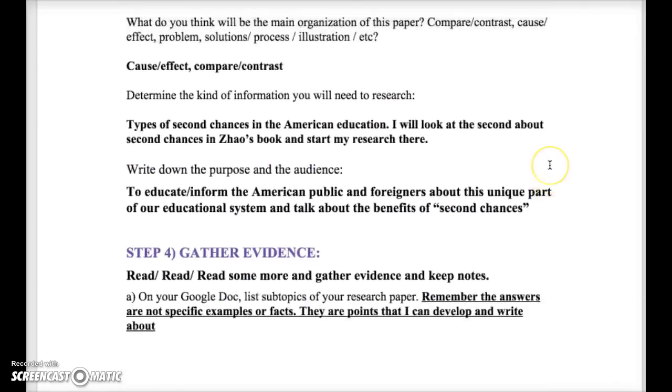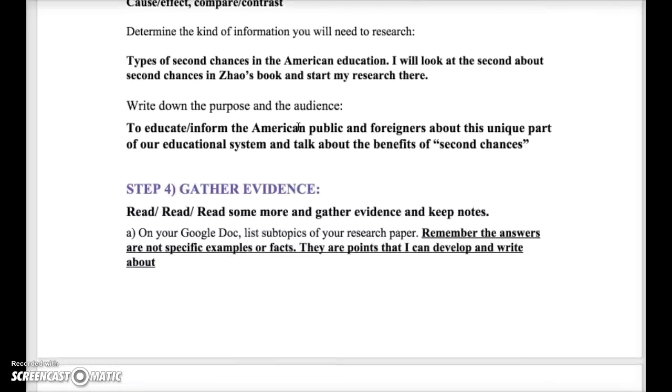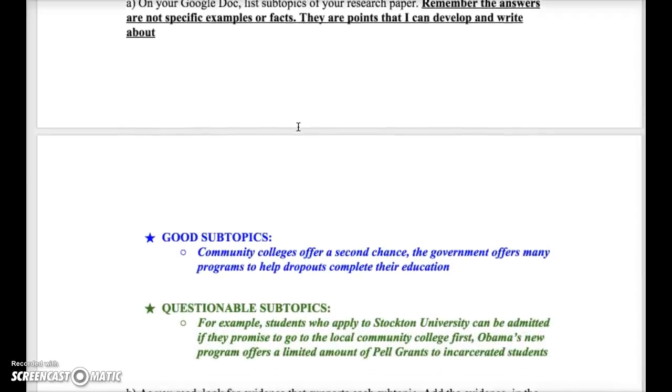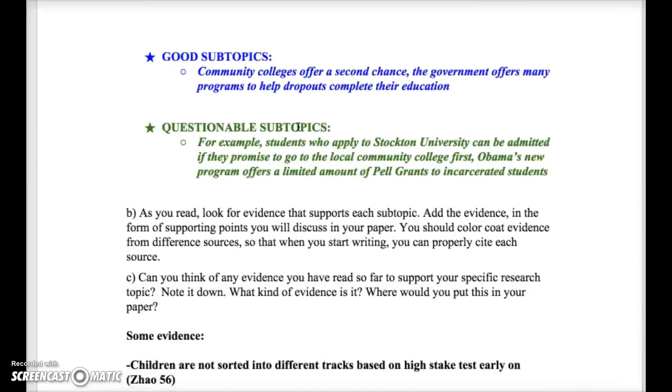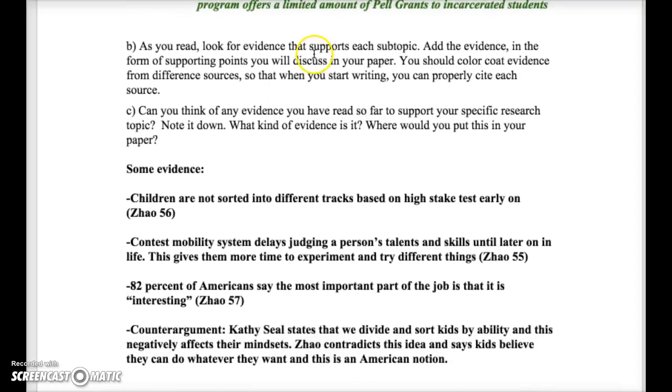These are subtopics, right? The meaning of second chances, the different types of second chances, the effects of having a second chance, effects of second chances in Europe, right? Those things are broad. I can write several paragraphs about those subtopics, okay? So look for evidence that supports each subtopic and organize that evidence under the subtopic, okay?